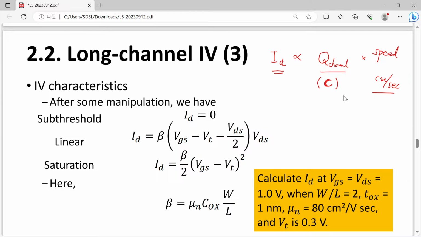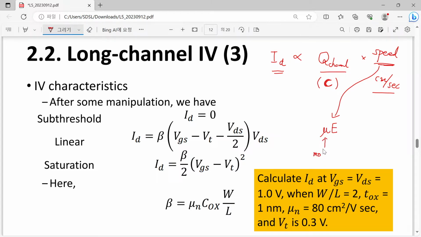Although I will not consider this in this course, the speed of our electron can be written in this form. One is the quantity called mobility, and another is the quantity called electric field.